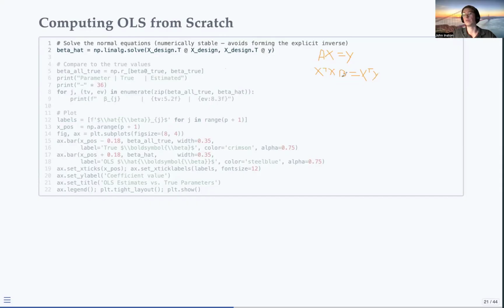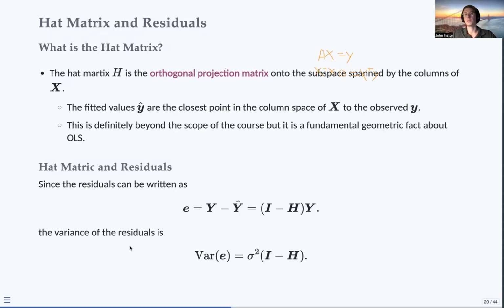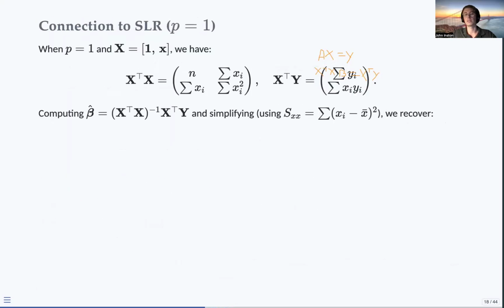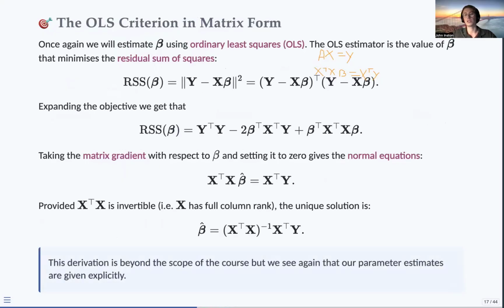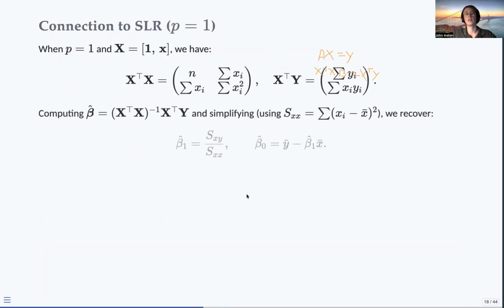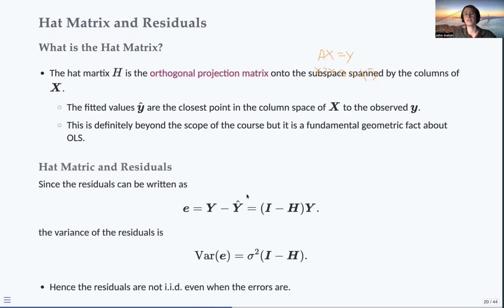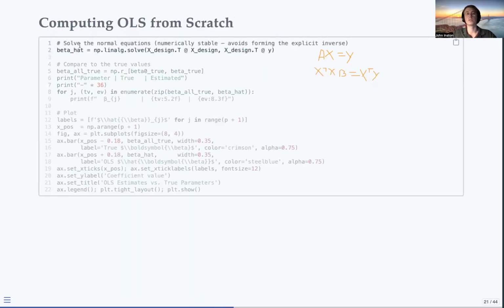And this is what it's solving for. It's solving for this beta, right? Hopefully that makes it clear, because if we scroll back to the page we just saw, that's exactly the expression we're interested in: XTX beta hat equals XTY, solving for beta hat. So this bit of code is just doing all of the work for us, all of our estimation of the parameters.